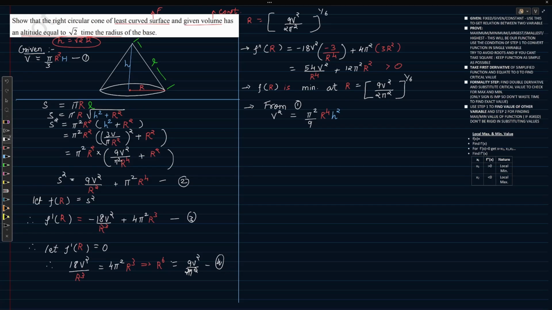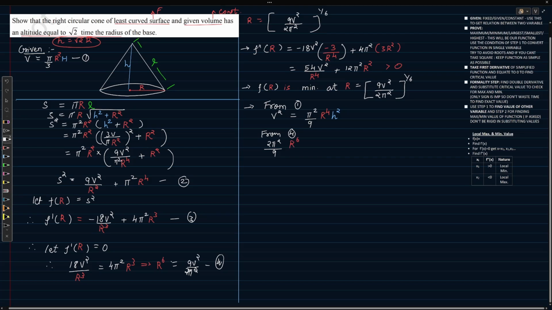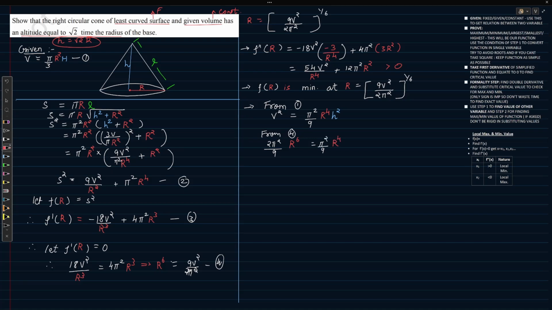Now from equation 4 we can substitute the value of v square, which will be 2 pi square upon 9 r raised to 6 equals pi square upon 9 r raised to 4 into h square.